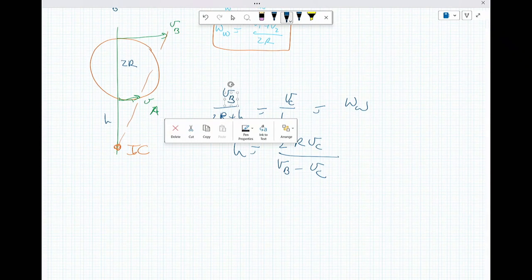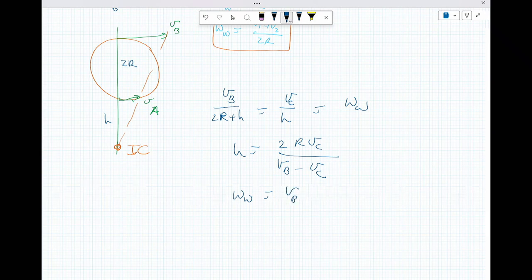And you can also say that omega of the wheel is equal to VB minus, I should call it A, VB minus VA, all over 2R.